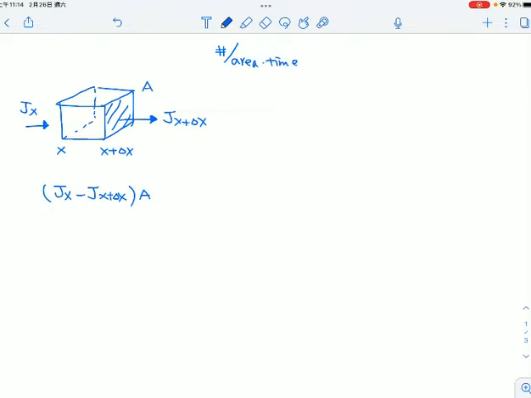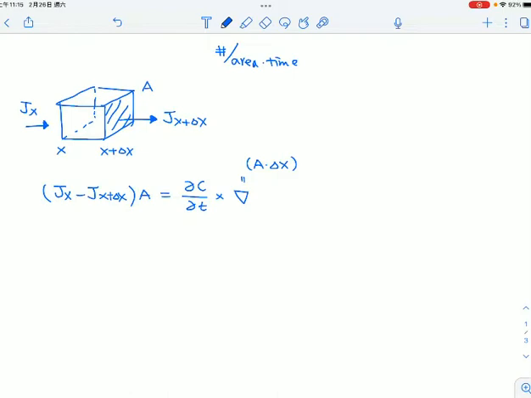So you multiply by the area, that means per unit time how many atoms are left inside this system will equal what? The concentration change times the volume of the system. The volume of the system here will be A times delta x.